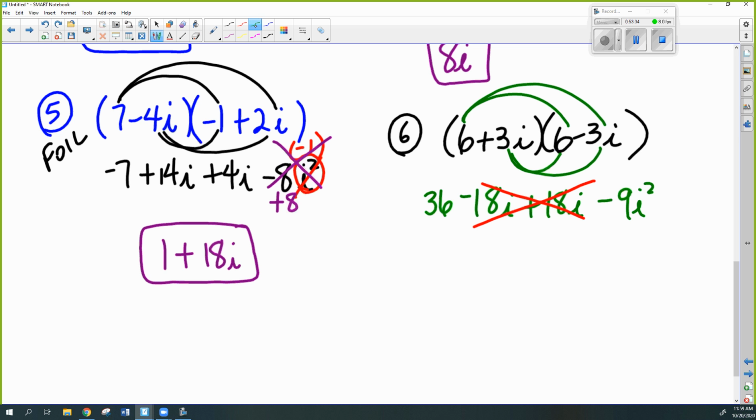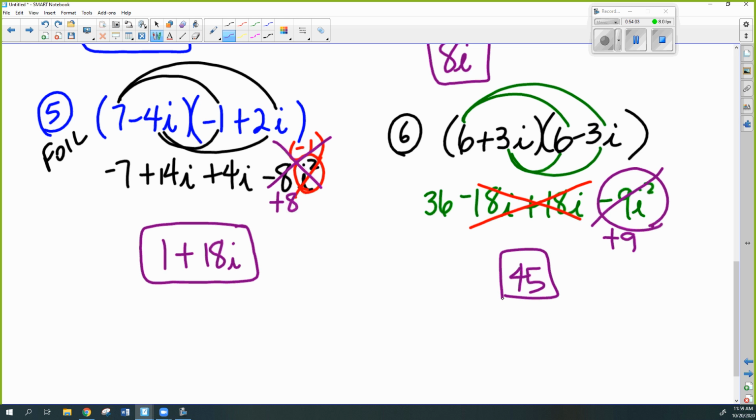And the term at the end that has that i squared, remember you can just cross that out and make it a +9 instead. And so all I have is 36 plus 9. So that one worked out really nice. There's not even an i left in the answer.